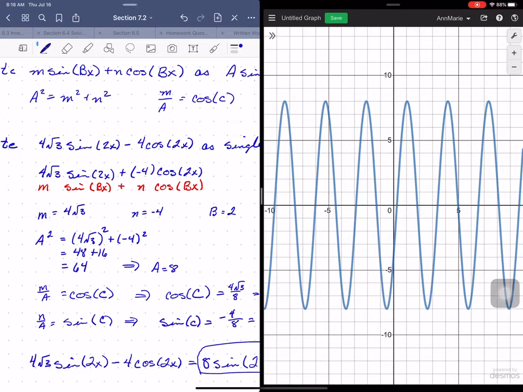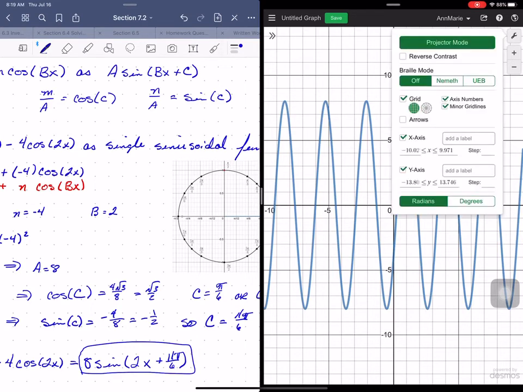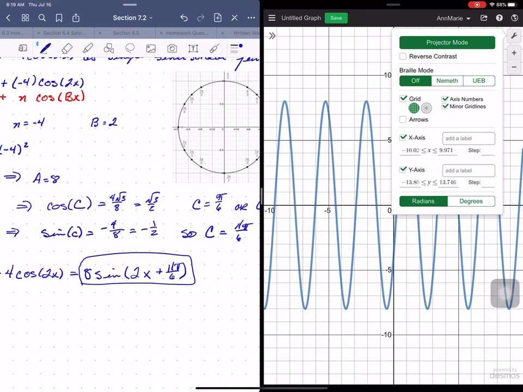So according to what I did a minute ago, what should be its period? Well, let's remember how to do this. My period is my natural period of 2 pi divided by my internal multiplier, which is 2.